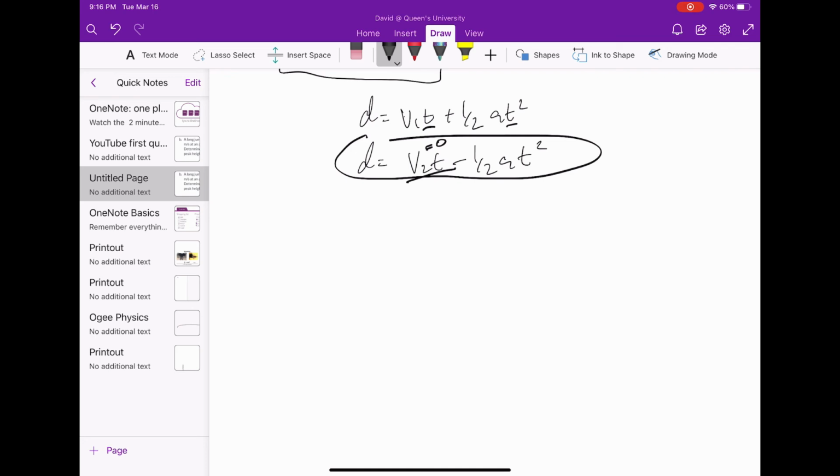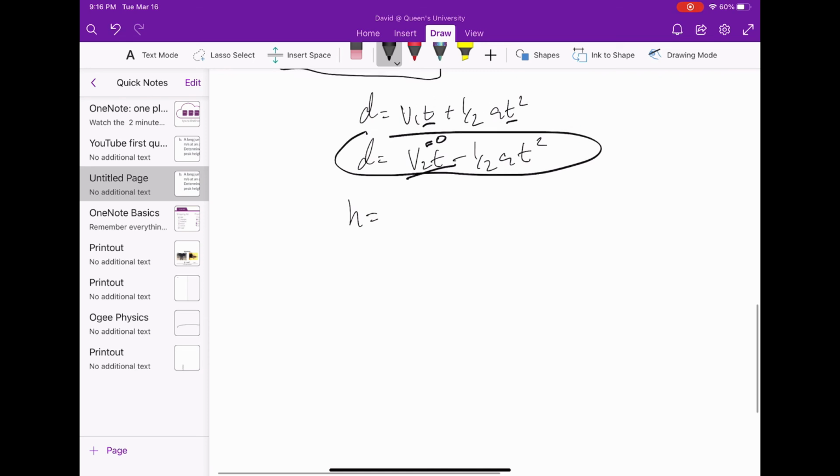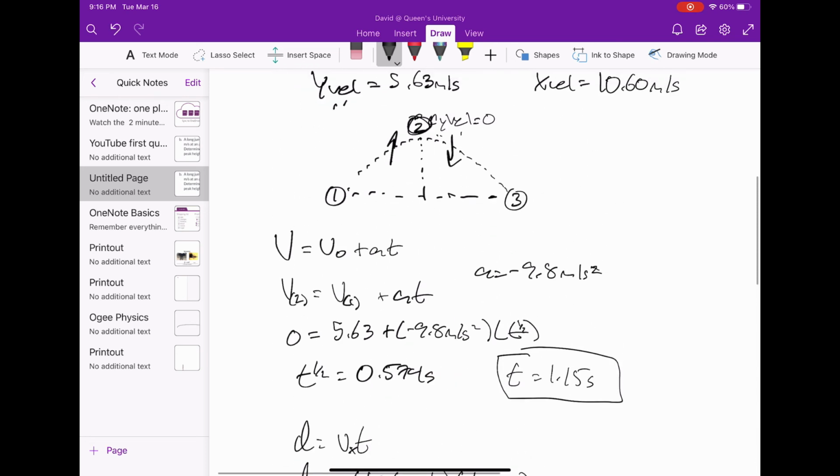So our d, I'm actually going to sub out with h because we're looking for the height here. And that's the number we're going to be solving for. So our v2t term, that's just all 0. And minus 1/2 of a is just our acceleration due to gravity. And our time, keep in mind this is our 1/2 time because we are looking for the maximum height, which occurs right in the middle.